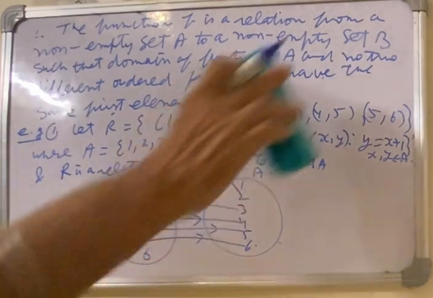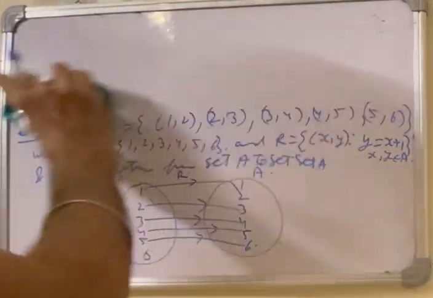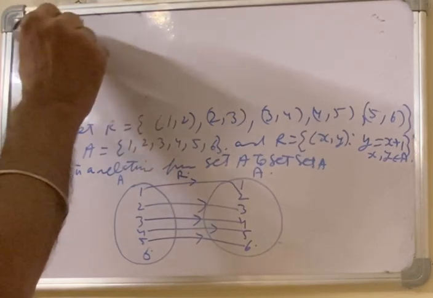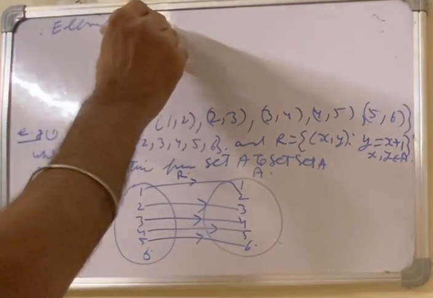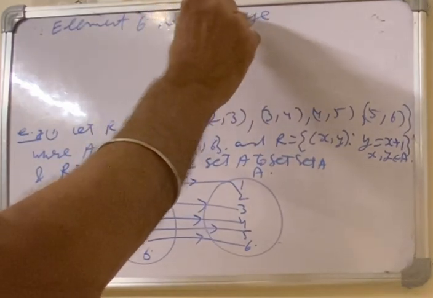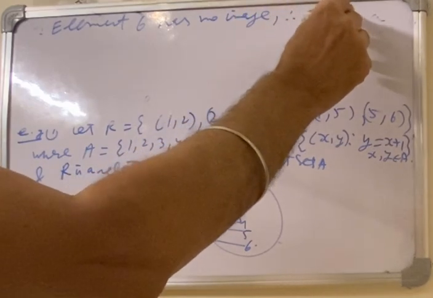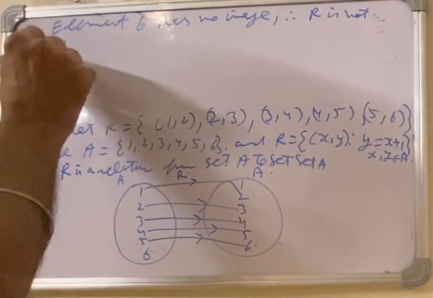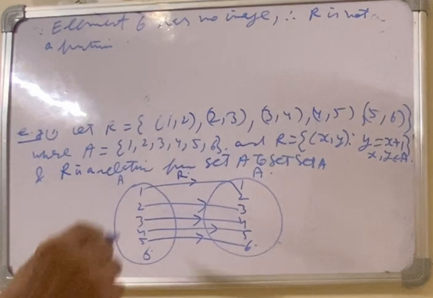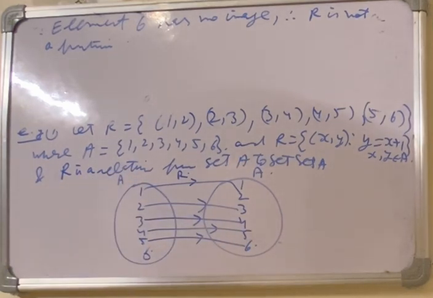Now, since element 6 has no image, therefore R is not a function. I hope it is clear to all of you that every element of this first set must have some image in the other set.